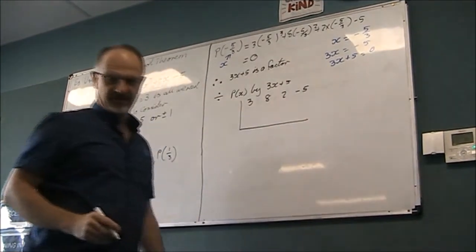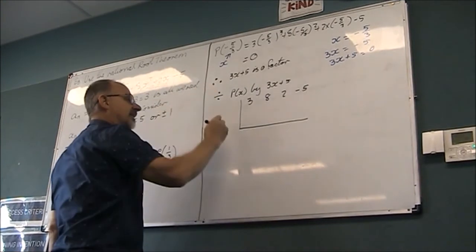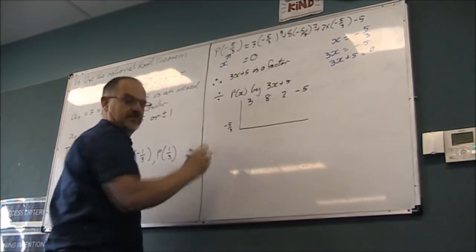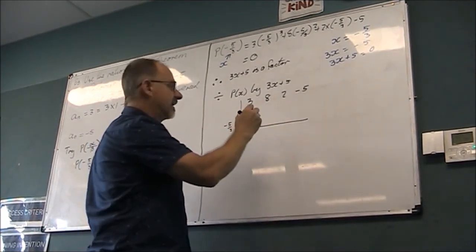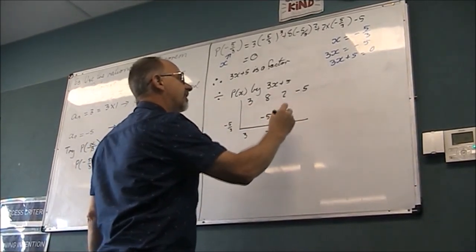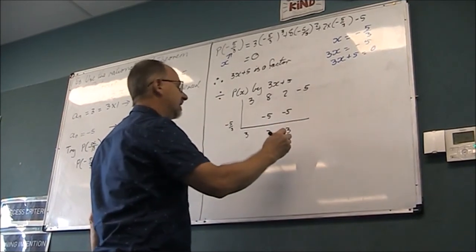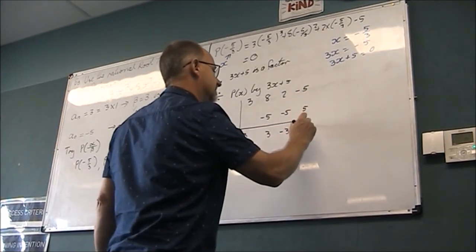So the number we're putting here is our -5 thirds. 3 comes down here, -5, so that's a 3. -5, so that's a -3. And 5, so that's a 0.